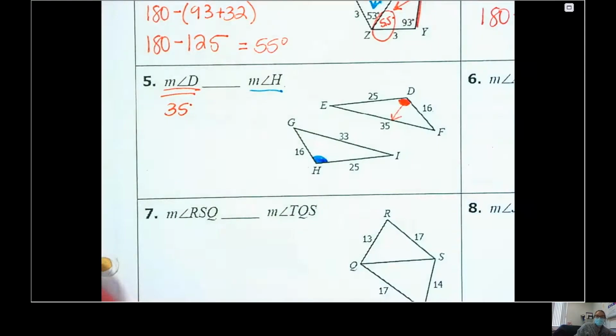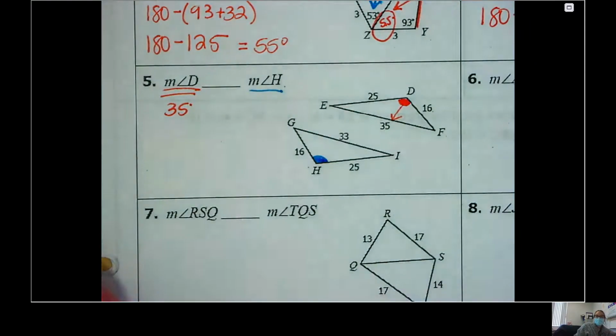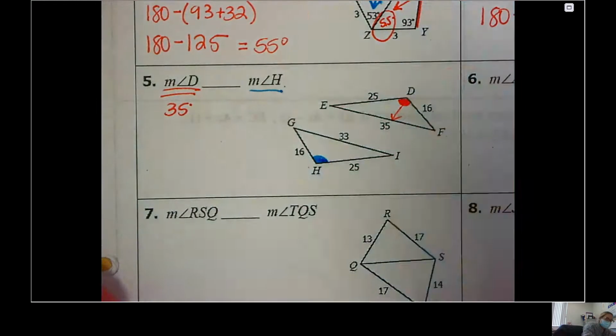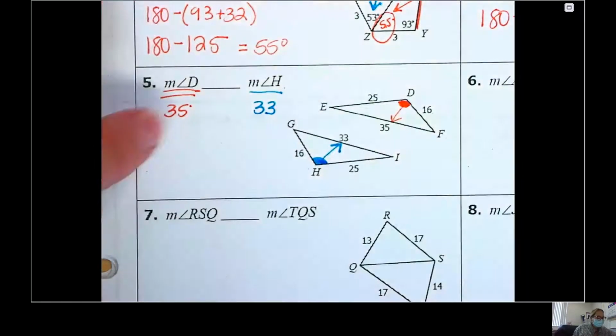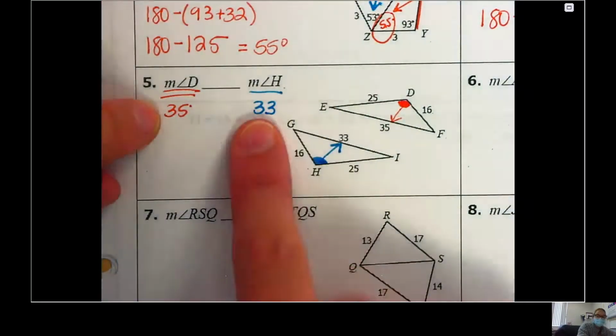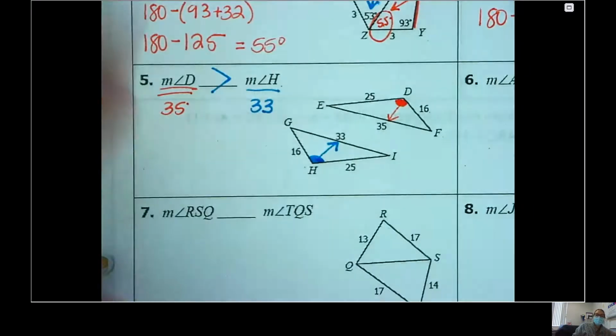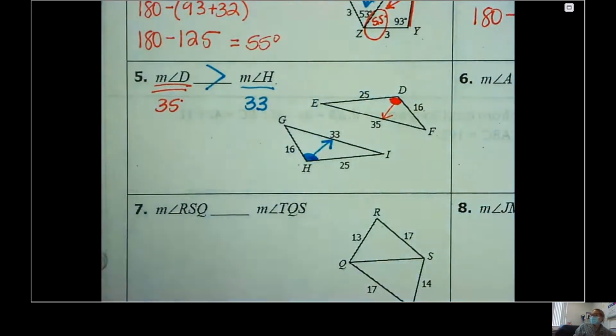Which side is across from it? GI, which is 33. So, is angle D greater than or less than angle H? Greater than. Good. All right, so you take a moment. I want you to try 6, 7, and 8. Give it a try. We'll check and we'll see if we get the same answer.